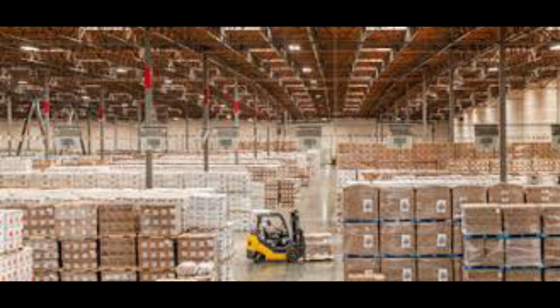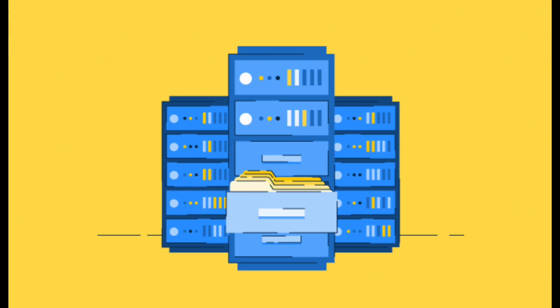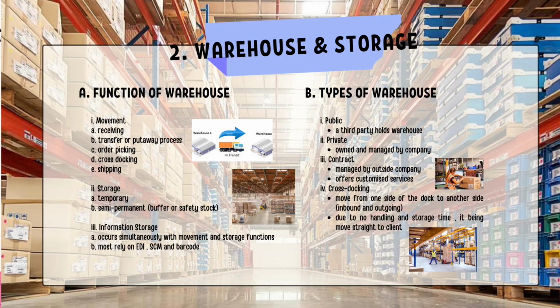The third function of the warehouse is the information transfer. This function will occur simultaneously with both the movement and storage function. Most of the company will use electronic data interchange, EDI, supply chain management, SCM, and barcode to make the storing of information easier.